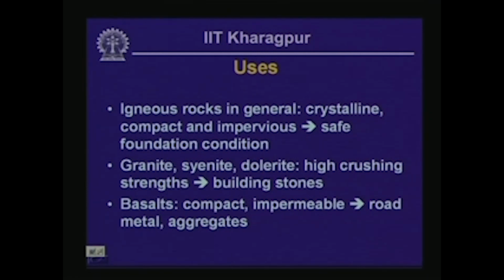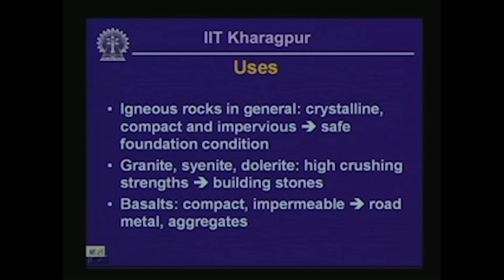As a result, it gives a safe foundation condition for heavy civil engineering projects like tunneling projects or dam projects. Now, many of these rocks have very high crushing strength or shear strength. These rocks are very good building materials.